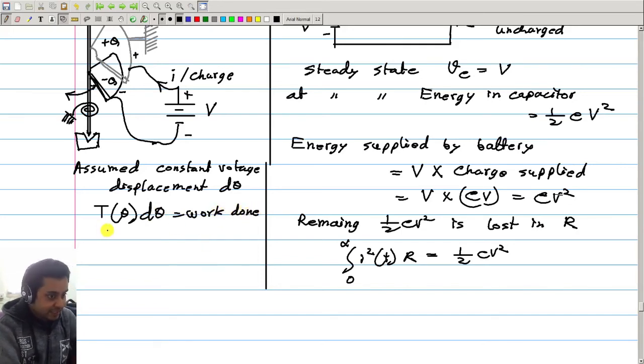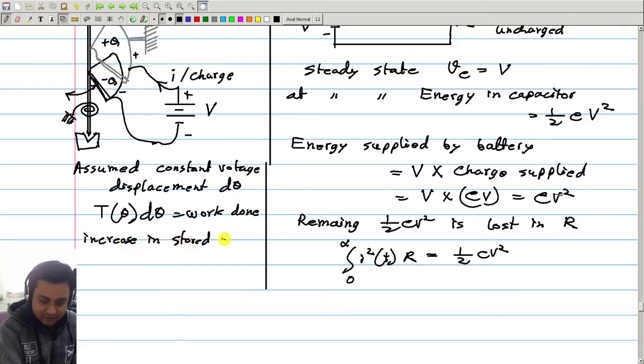Increase in stored energy is equal to d theta of half CV square. V is constant, so I can write it outside.